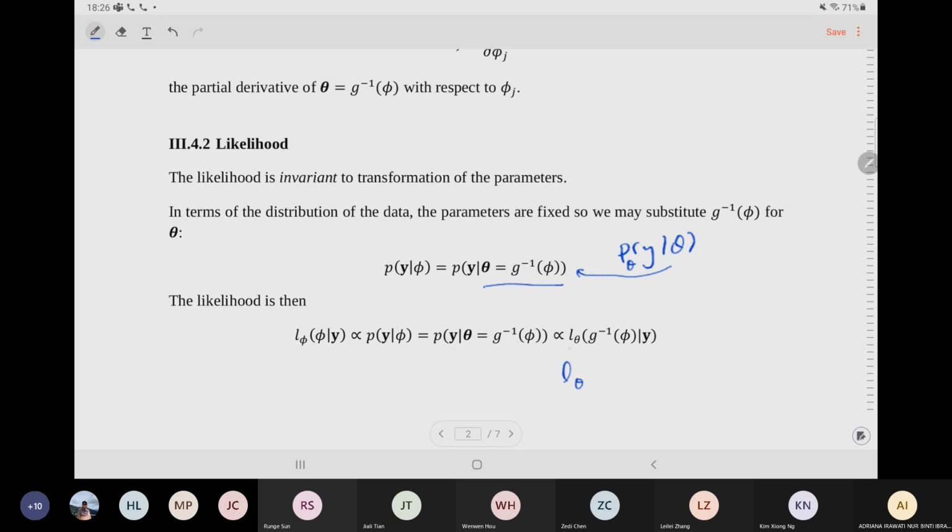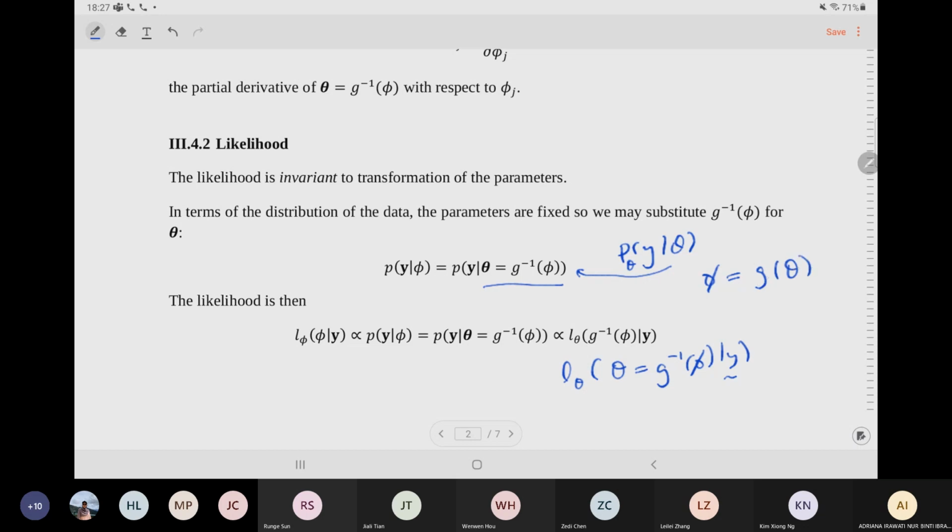My theta inside the likelihood, I just change to g inverse phi. G inverse phi is a function of phi, because the transformation is phi equals g theta. This is your original transformation.